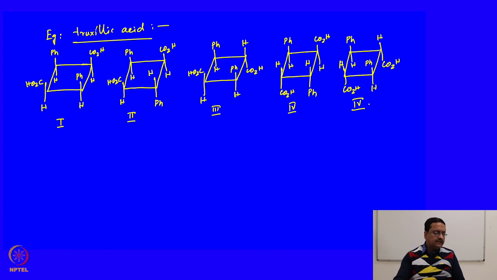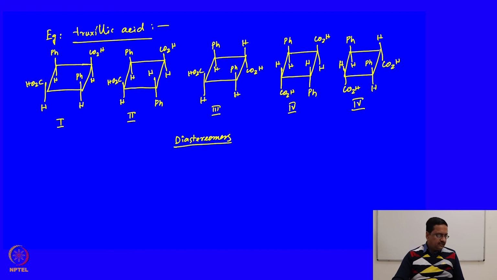If you look at these 5 isomers very carefully, of course, they are all diastereomers. Why? Because they are not mirror images of one another. Therefore, they should be termed as diastereomers.